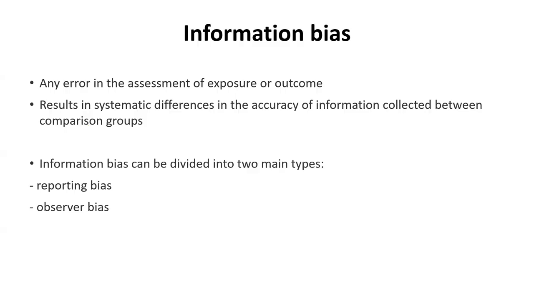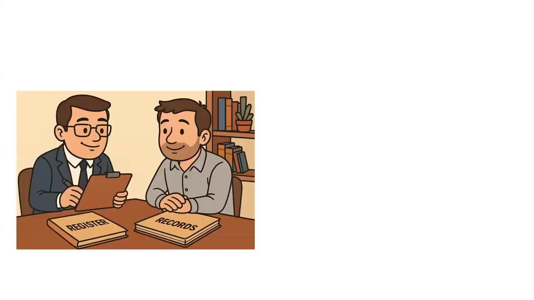And as I said earlier, there are two main types of information bias. It's either the reporting bias from the participant or the observer bias, which is from the investigator. Now, when you are collecting data for any of these epidemiological studies, you are the investigator, and there is a respondent, or you could be collecting secondary data for exposure or outcome from registers, records, etc. How is the investigator collecting data?